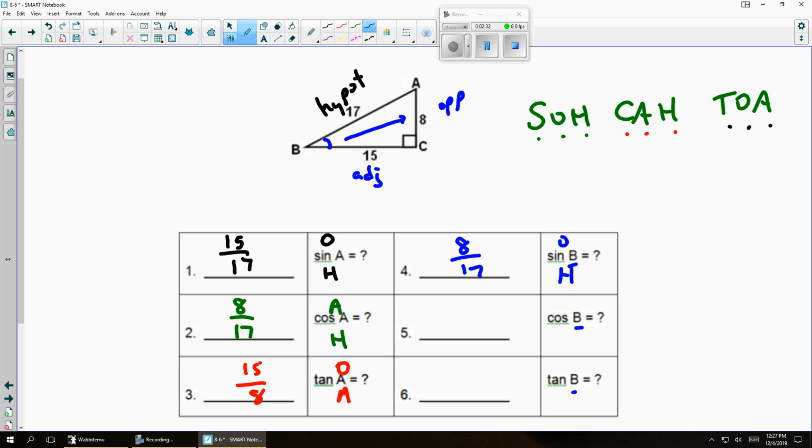The cosine of B is adjacent over hypotenuse, which is 15 over 17. And then the tangent of B is opposite over adjacent, and so that's 8 over 15. And that's a recap of what we looked at yesterday with writing the ratios in a trig function.